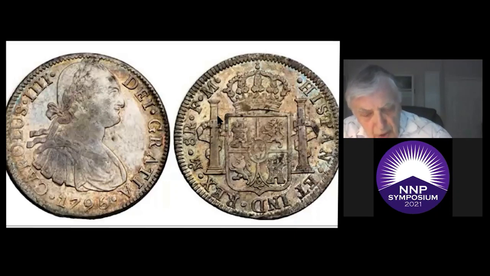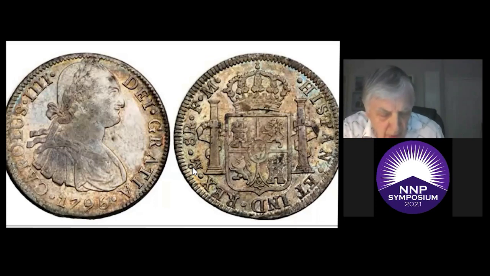The large majority of those considered genuine issues are countermarked on the obverse of Spanish-American 8 reals. For those not familiar with 8 reals, here is an example. This portrait is of the Spanish King Charles IV and is dated 1795. The reverse tells us that it is an 8 reals, 8R, and that it was minted in Mexico City, MO.